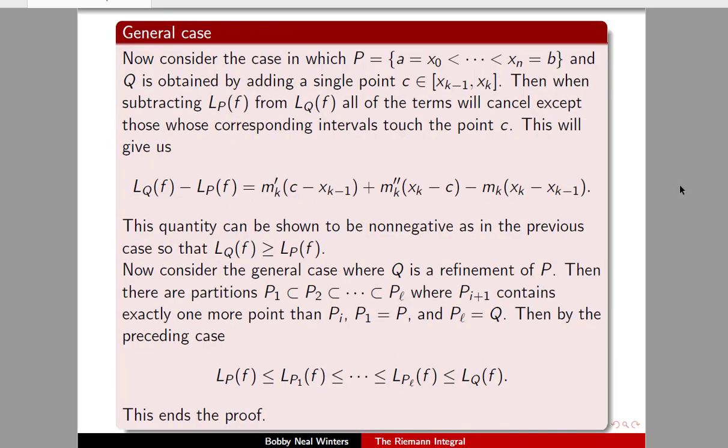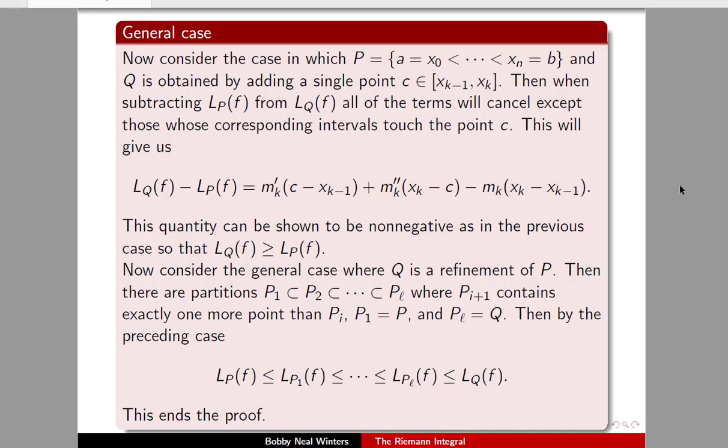Okay, now consider the general case where Q is obtained by adding a single point c in the interior of the kth subinterval.